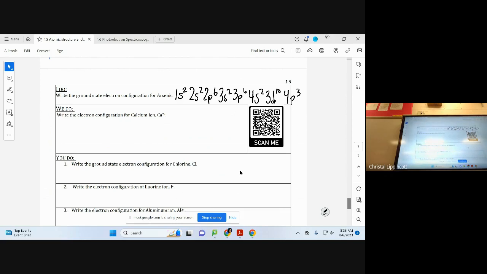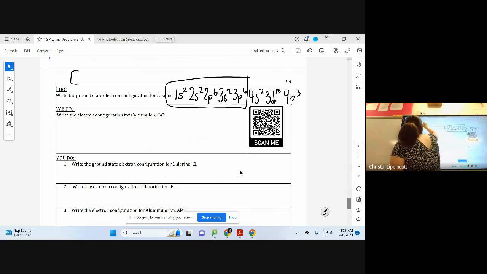Unless they specify that you have to do this the long way, you can always use noble gas configuration. So if I wanted to do noble gas configuration, I'm going to go back to my previous noble gas and I'm going to take all of this stuff and represent it in brackets.